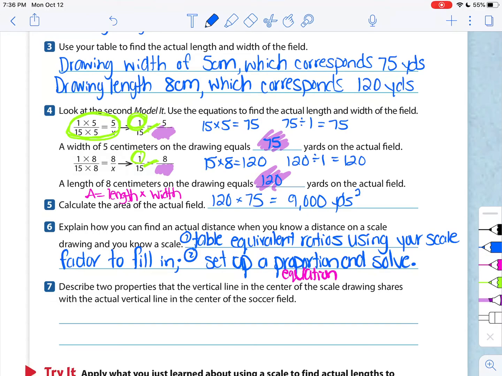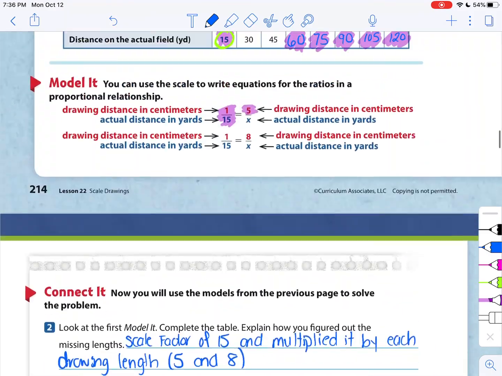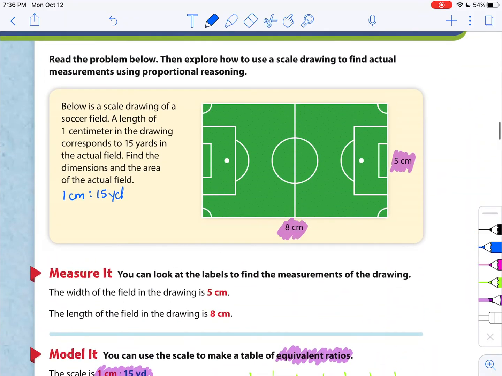Describe two properties that the vertical line in the center of the scale drawing shares with the actual vertical line in the center of the soccer field. So going back to that original picture of the soccer field, it's asking us to compare this vertical line here in the middle of the scale drawing, compared to the actual vertical line on the actual soccer field.